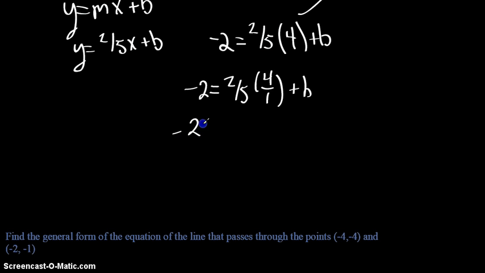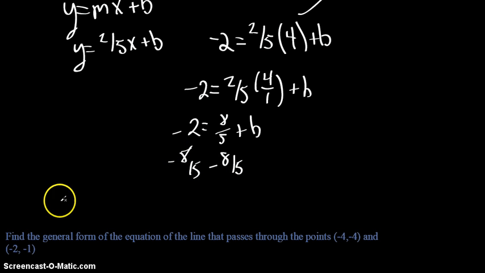So here I get -2 is equal to 8/5 plus b. So I still have to solve for b. So what I'm going to do for this problem is I'm going to subtract 8/5 from each side. So minus 8/5, minus 8/5. So I'm going to rewrite this way over here. We have -2 minus 8/5 equals my b value.